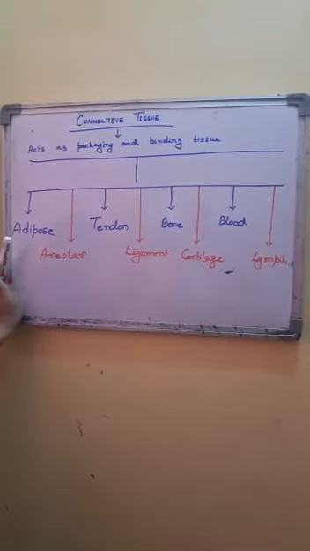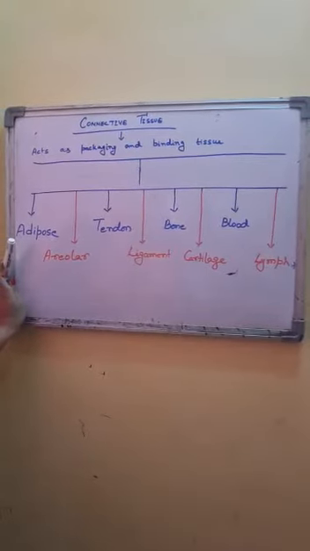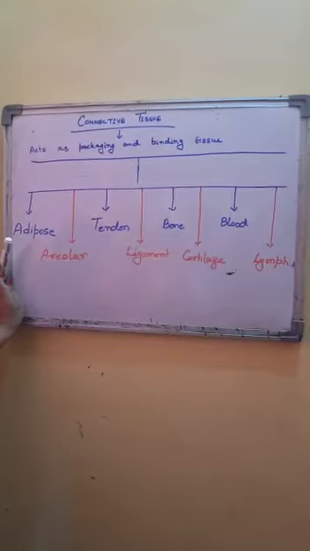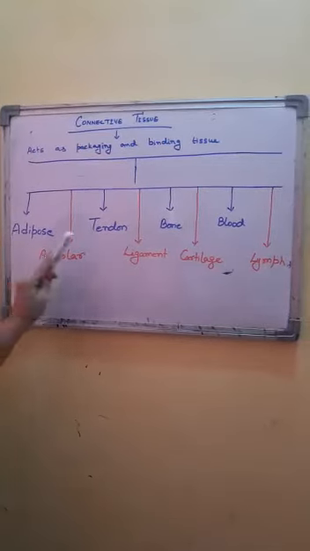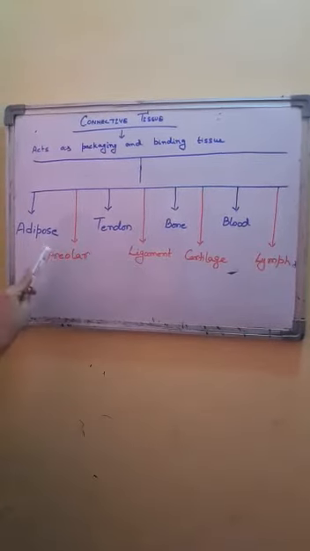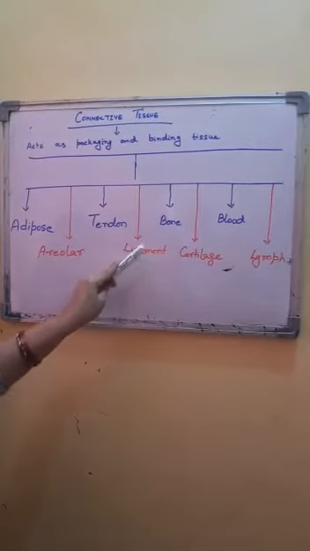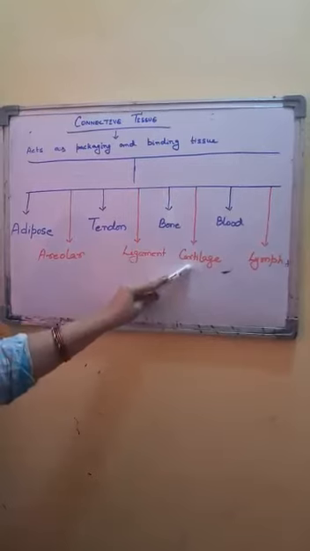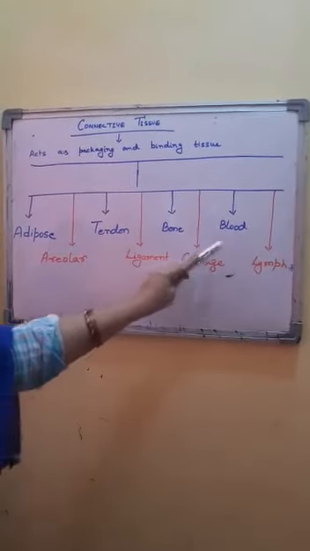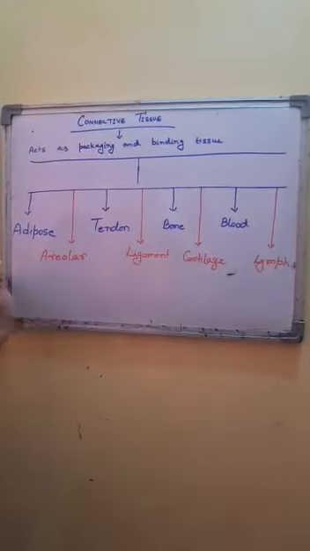Sometimes it is distributed into proper connective tissue, which includes tendon, ligament, adipose and areolar; skeletal tissue, which includes bone and cartilage; and fluid connective tissue, which includes blood and lymph.